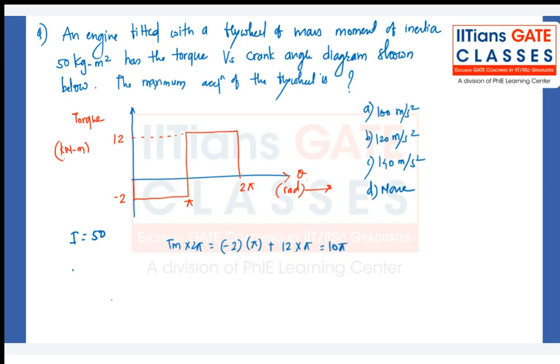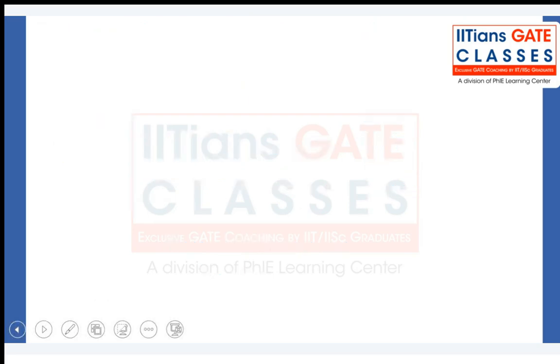Which is 10 pi. So Tm is equal to 5 kilonewton meter. So mean torque is 5 kilonewton meter. Okay, this is something we have calculated. Now, I'll go to the next slide.